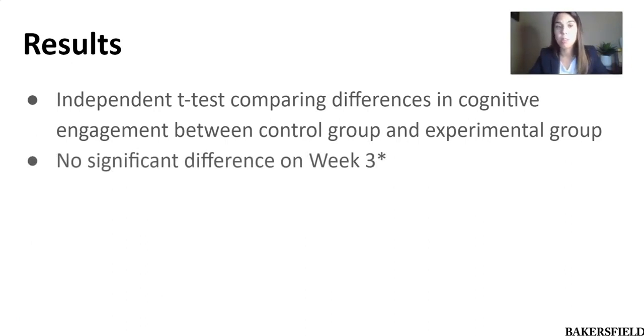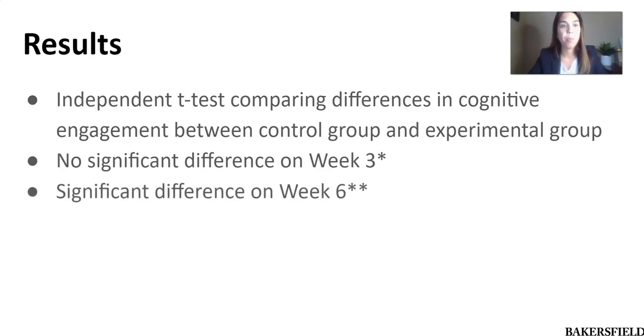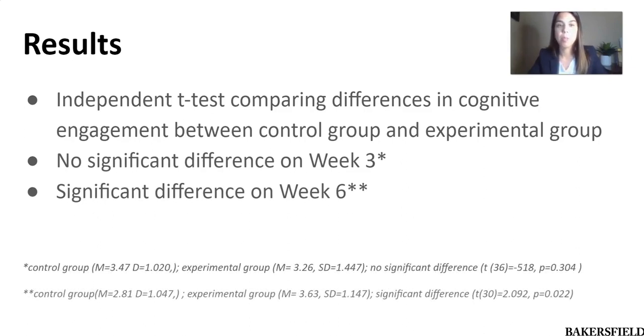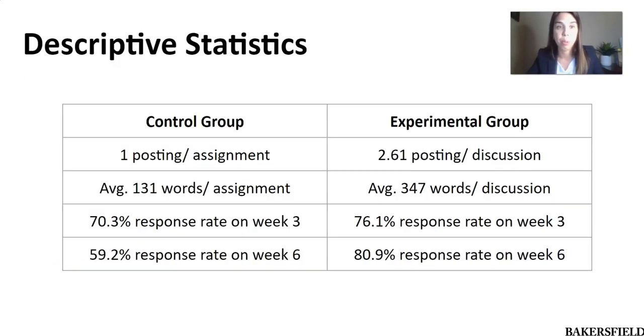And what I found out is that in my first point of data collection on week 3, there was no significant difference. But then on week 6 later on, there was a significant difference between the control group and the experimental group, suggesting that over time, students were picking up on how to respond with higher levels of cognitive engagement. So the quality of their responses for the experimental group was actually improving.